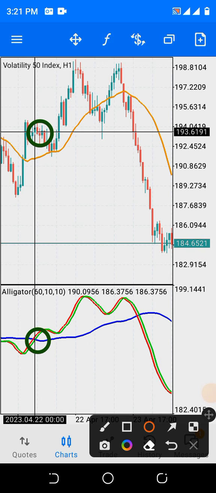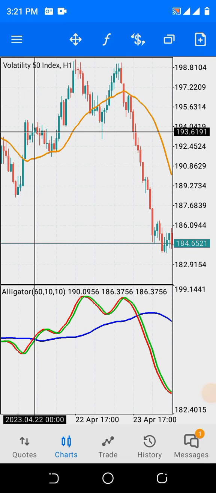So you make your buy entry at this point. Now your stop loss should be just below the moving average. Should be there. Do you understand? And you record your profits. All right. Now we proceed.